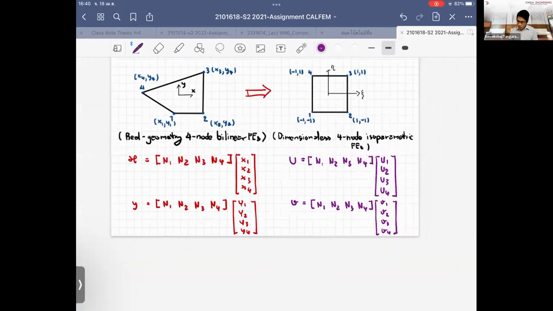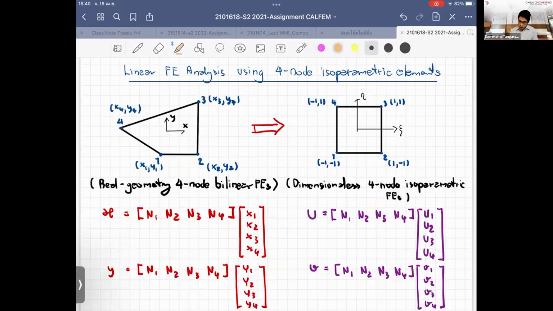And V on the columns, what I'd like to show you on the columns here. This is the geometry or the coordinate at each node of the real structure that you're looking at.